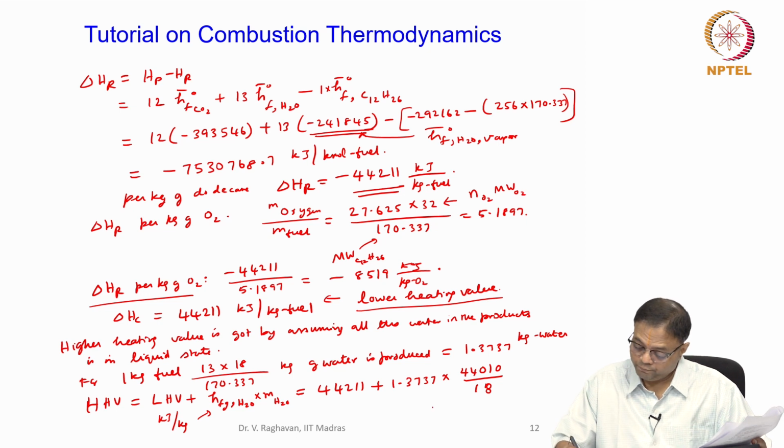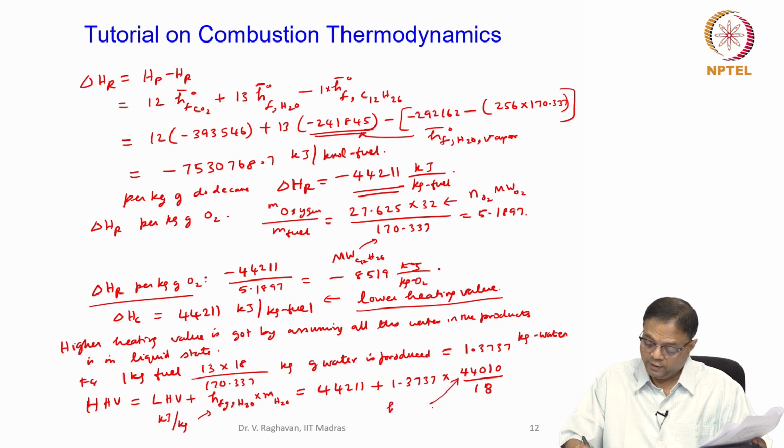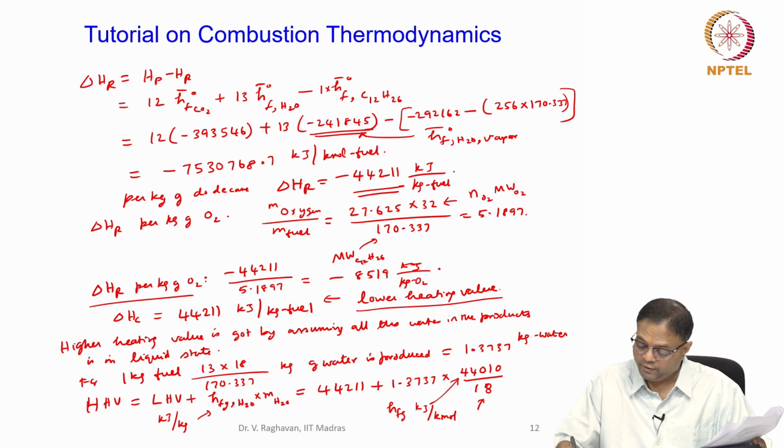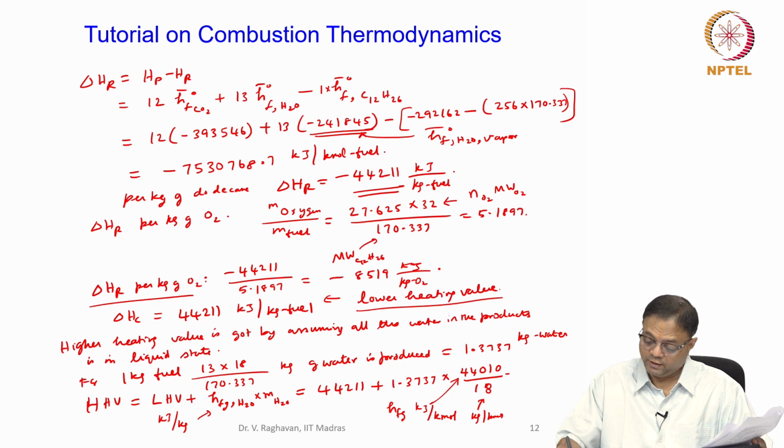This is HFG in kilojoule per kilomole, and this is the molecular weight in kilogram per kilomole. So when you substitute this, I get the higher calorific value as 47570 kilojoule per kg.